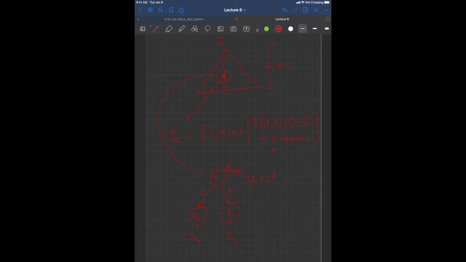What is U? U is a set of inputs of Alice. These are matrices and vectors x comma a, some set of them, and V is the set of inputs of Bob, y comma b. So this is the rectangle associated with this node.